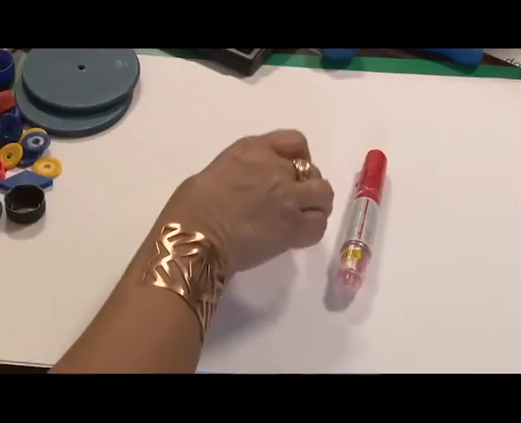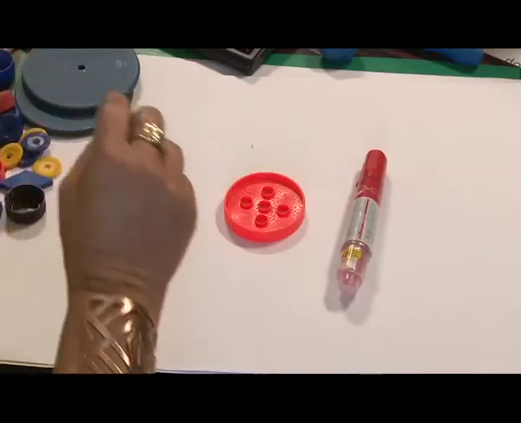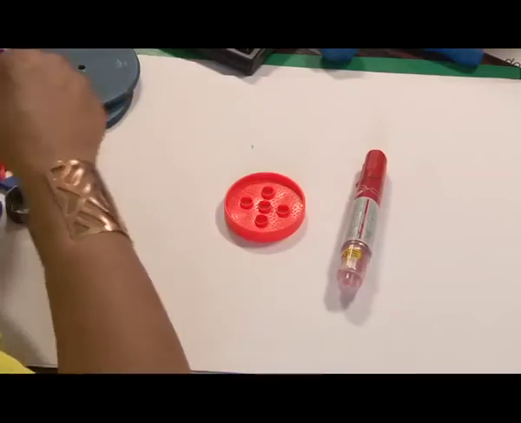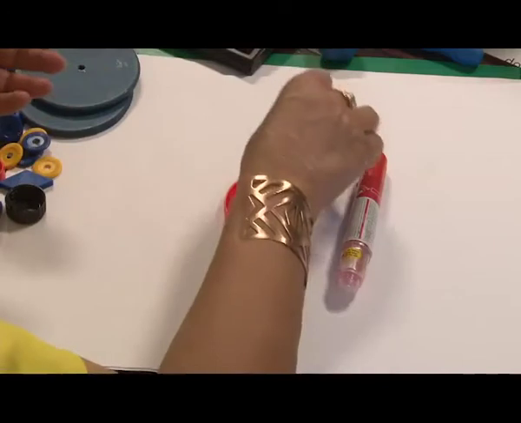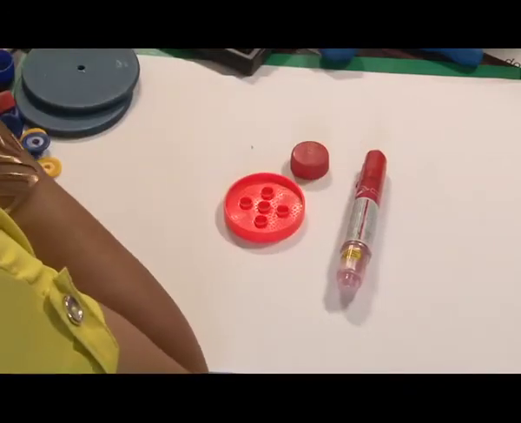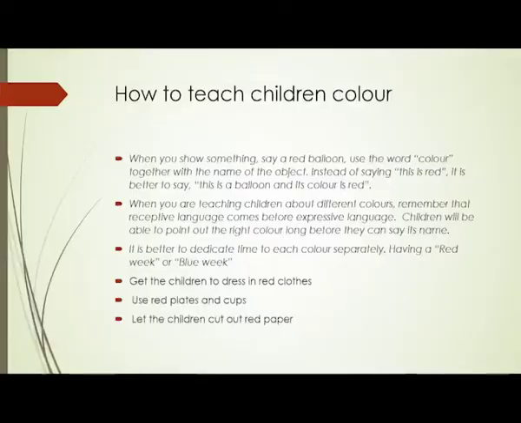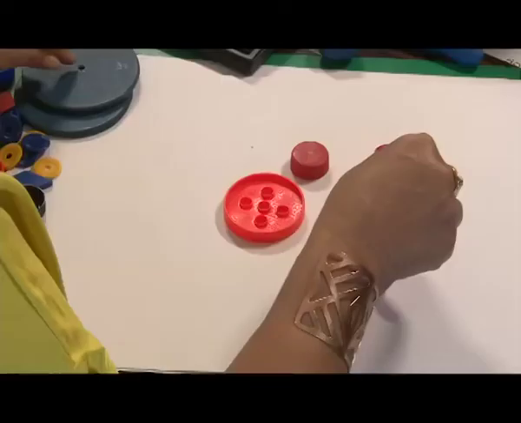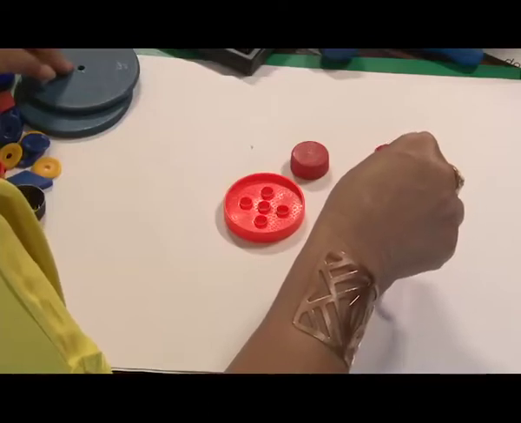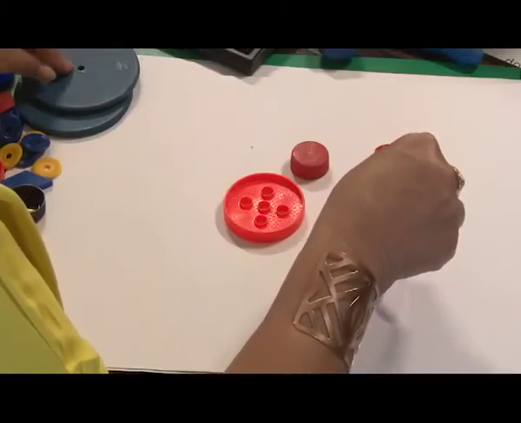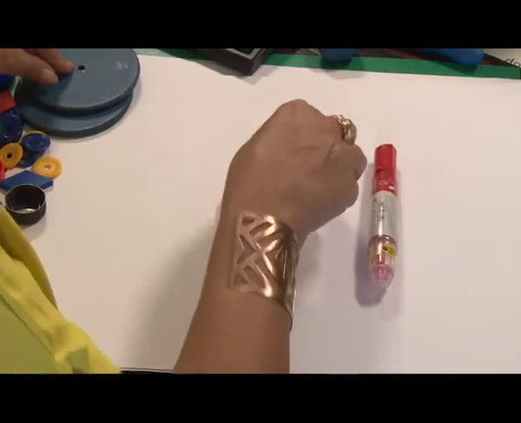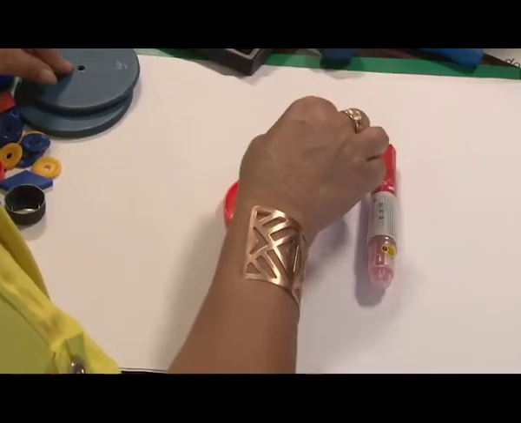This is a red circle. This is a red bottle cap. Say the color and show the learner. So instead of just saying this is red, it's better to say this is a balloon and its color is red. This is a bottle cap and its color is red.